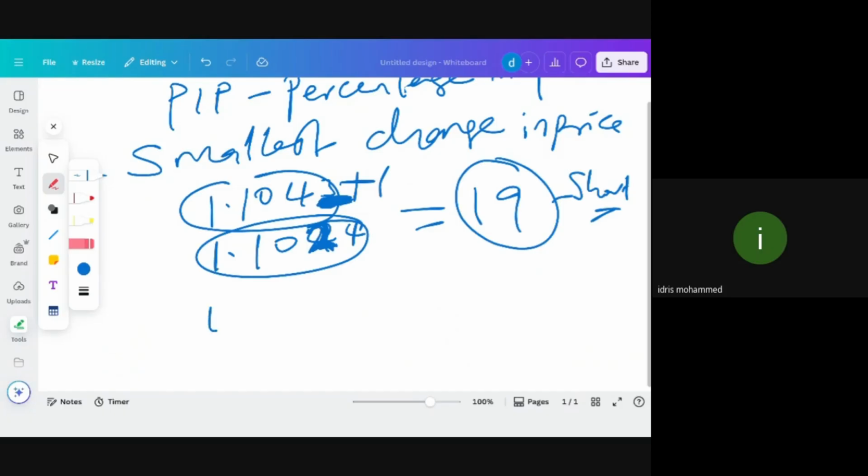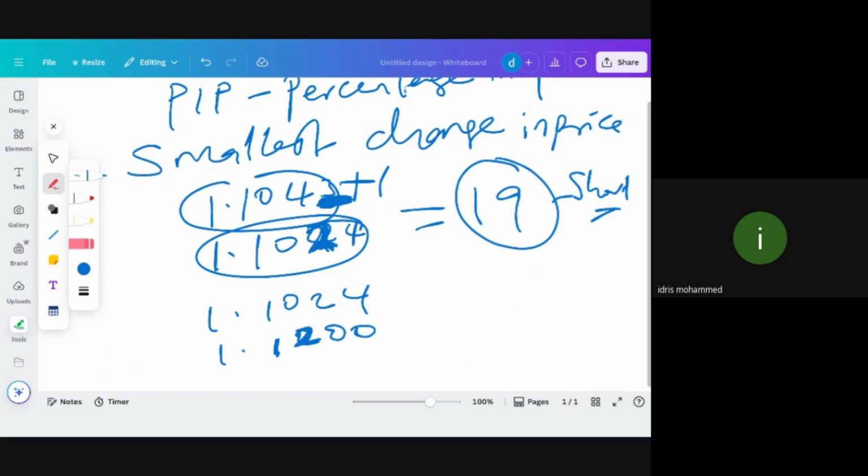Another example. What if from this 1.1024 it now moved to 1.1200? What's the difference? That's high.